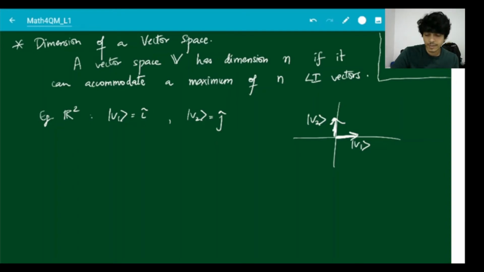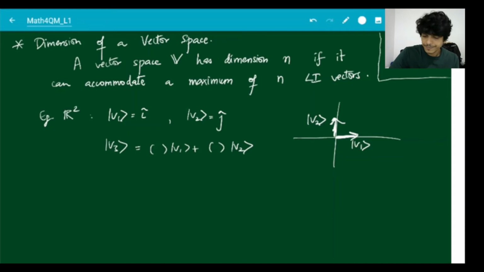And you will notice that if I take any other vector, I can write it in terms of v1 and v2 because I can write it in terms of i hat and j hat. So any other vector that I take, v3 in R2, I will be able to write as something times v1 plus something times v2. There is no way that I can get a third vector which is going to be linearly independent with v1 and v2. It will depend on v1 and v2. So maximum, that means I can have two linearly independent vectors in this space. Therefore, we say that R2 is a two-dimensional space.